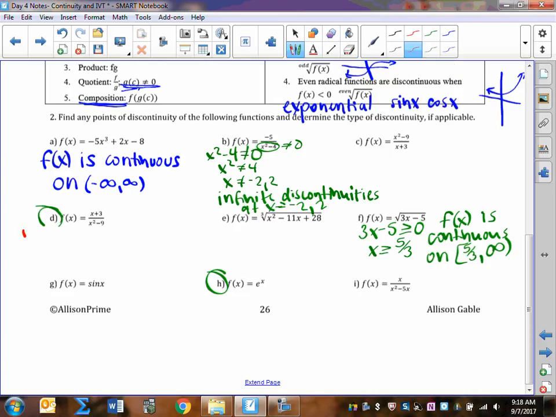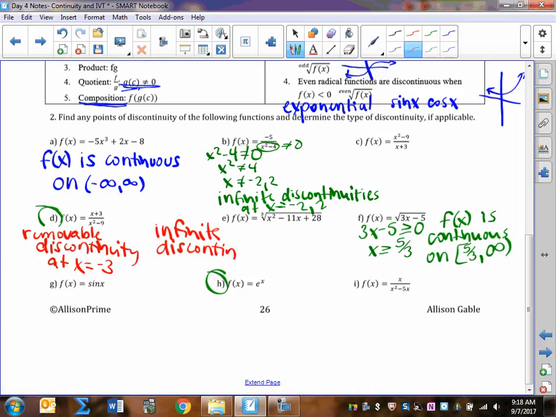All right, so we had a removable discontinuity at x equal to -3, you said? Okay. And then what was my other one? Infinite, and where was my infinite located? So what did you have to do to find these? Yeah, we had a factor, and we ended up having our x plus 3's reduced.